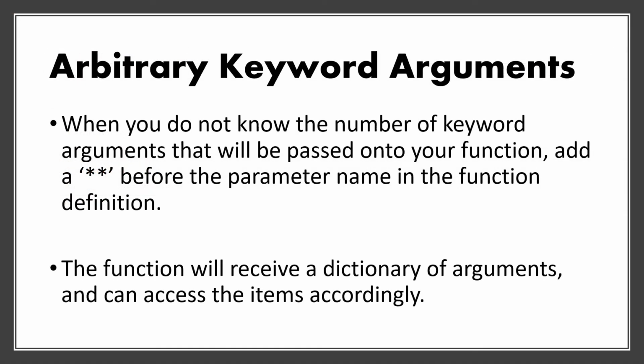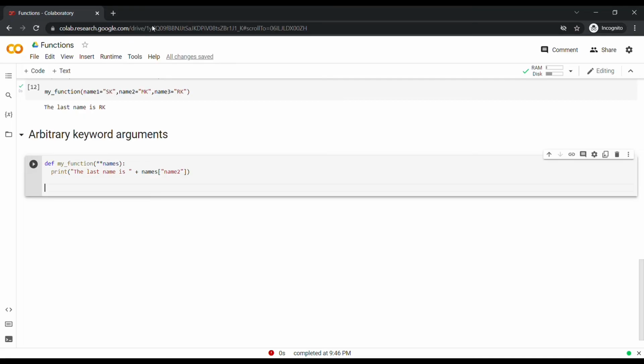Now let's see about arbitrary keyword arguments. When you do not know the number of keyword arguments that will be passed on to your function, add a double asterisk before the parameter name in the function definition. The function will receive a dictionary of arguments and can access the items accordingly. Now let's see an example for this.